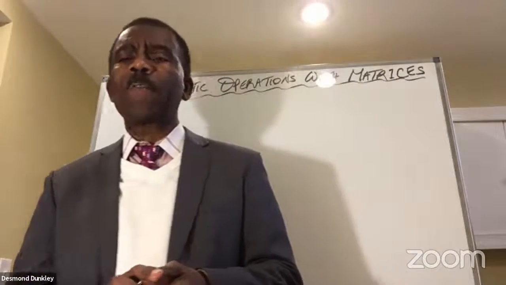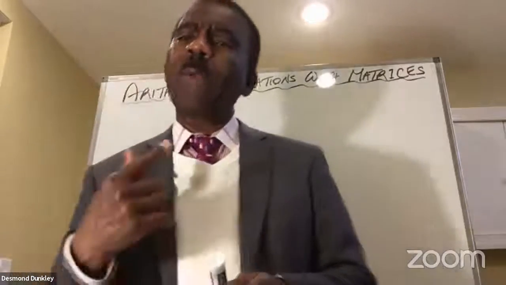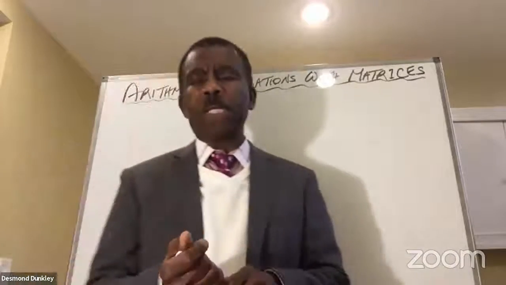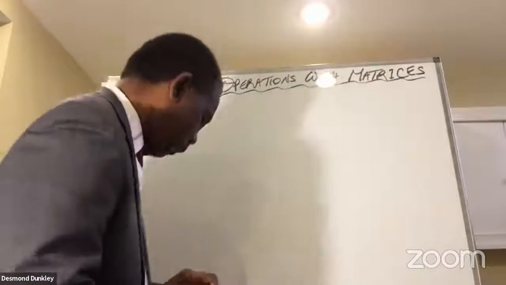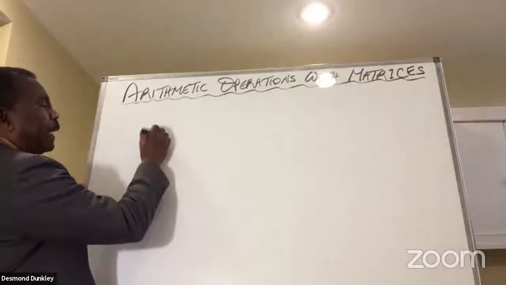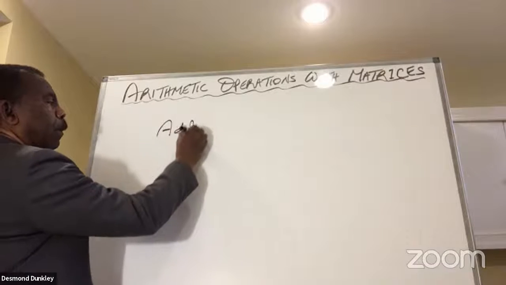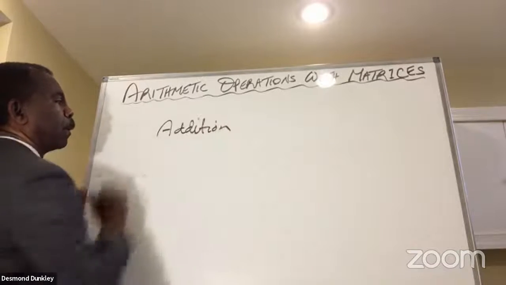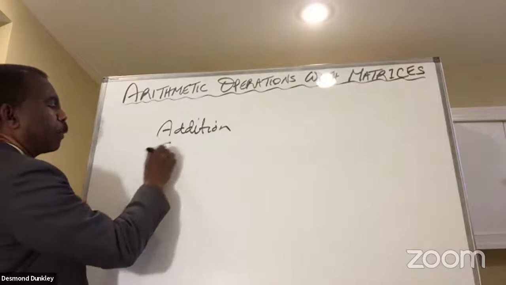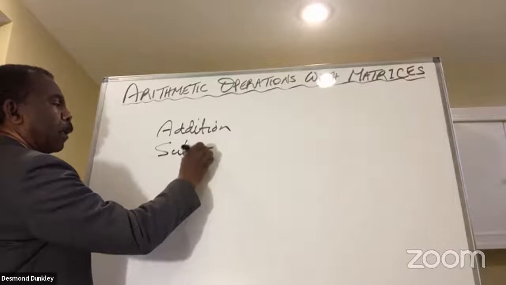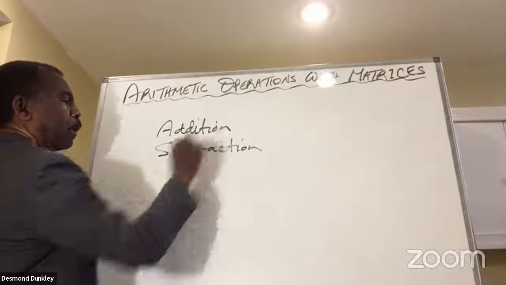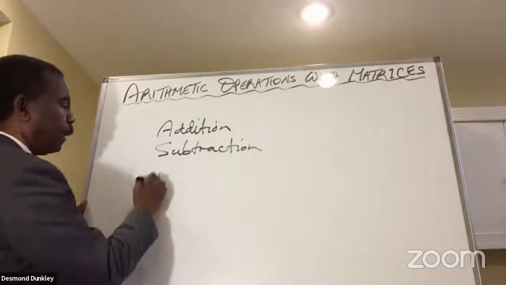We're going to perform arithmetic operations. Now, when you think of arithmetic operations, here are the things that come to mind. We think of addition. We think of subtraction. We think of multiplication.